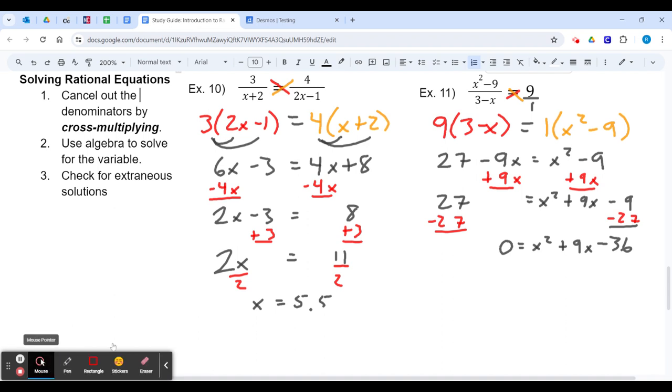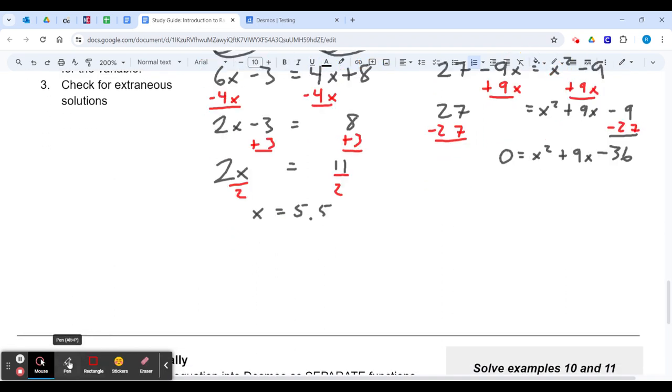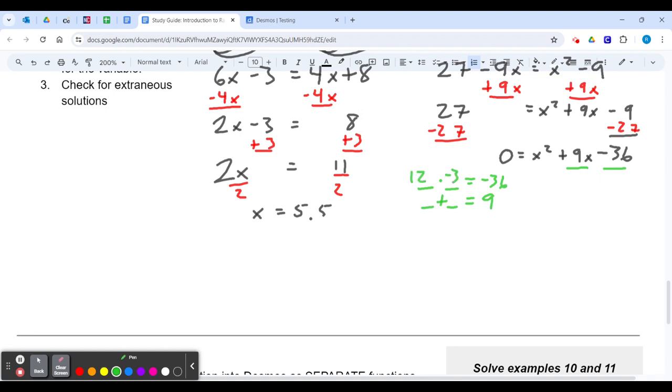Now I need to rewrite in factored form in order to find those zeros. So I'm looking for numbers multiplying to negative 36 and adding up to positive 9. I think the number combo that works here is, is it 12 and 3? Yeah, it'll be 12 and 3, with a positive 12 and a negative 3. That'll get us that negative 36, and 12 minus 3 gets us that positive 9.